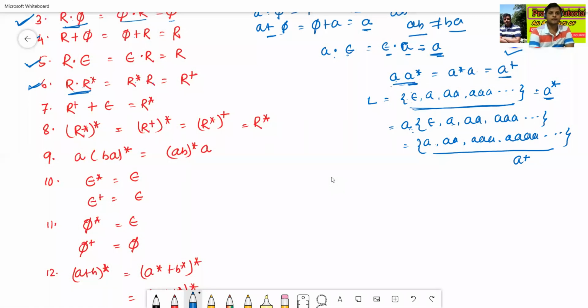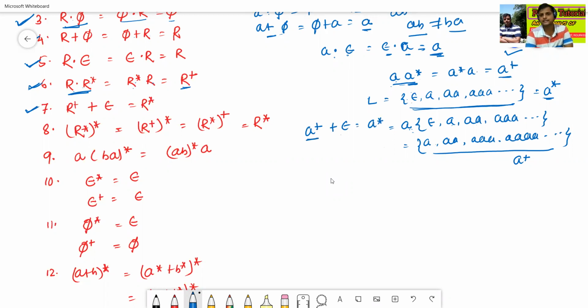So r star into r equals r plus. The next identity is r plus plus epsilon equals r star. Here r plus means a plus, and a plus plus epsilon is a star.